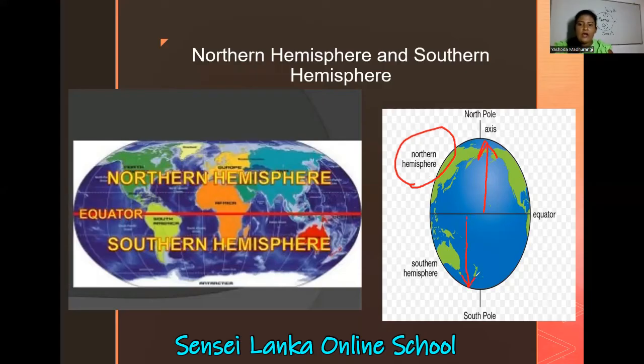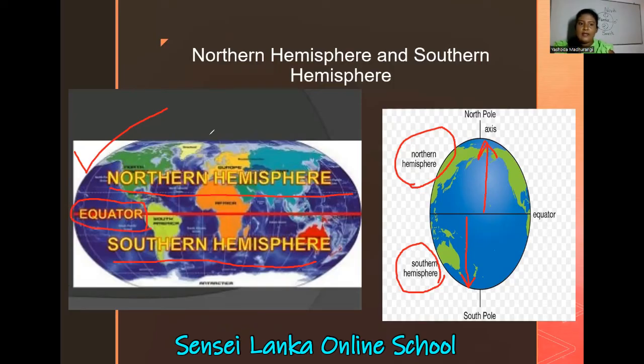Then the southern half of the earth, southern hemisphere. Here it is in the model globe. If you go to the world map, can you see the northern hemisphere and the southern hemisphere? So the equator can do this because it is in the middle.